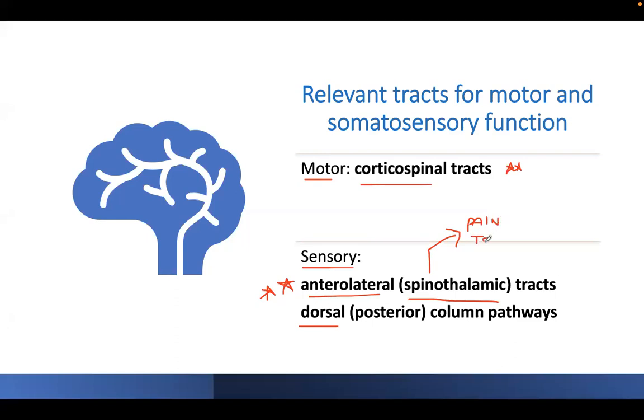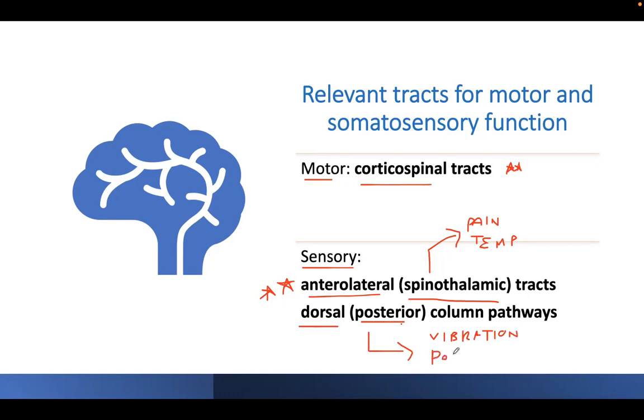Spinothalamic tract is pain and temperature, while the dorsal or the posterior columns, this is responsible for conveying vibration and position. So remember all of these.